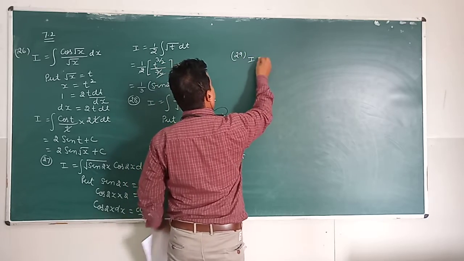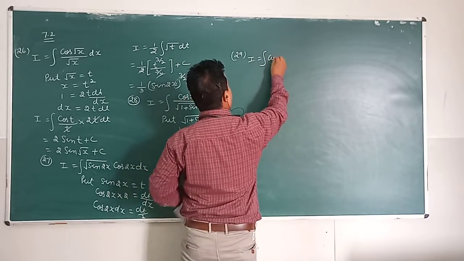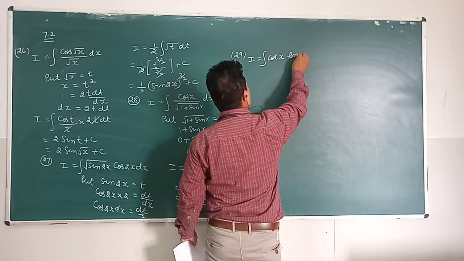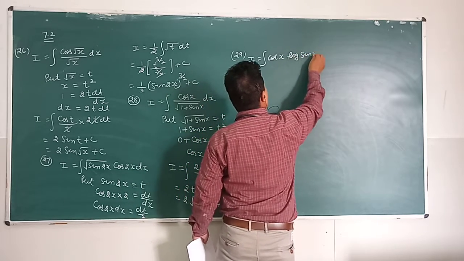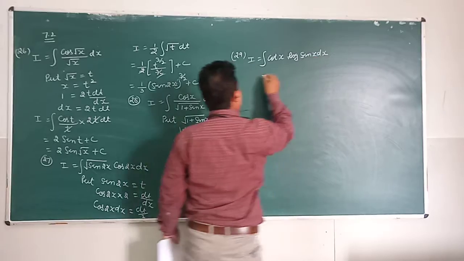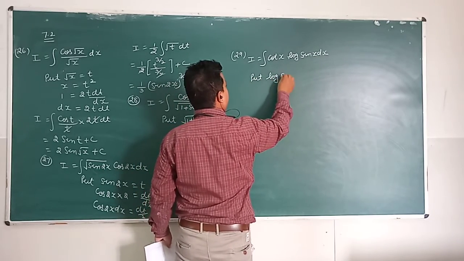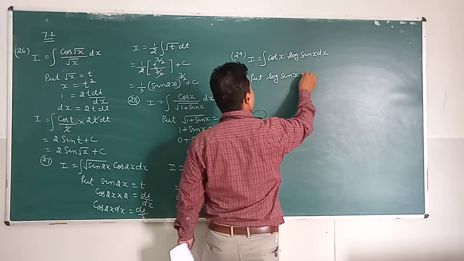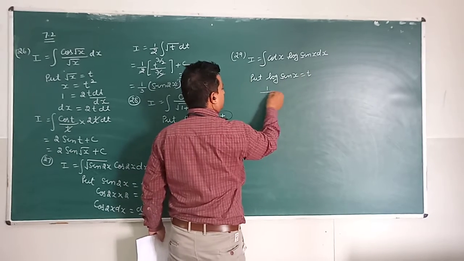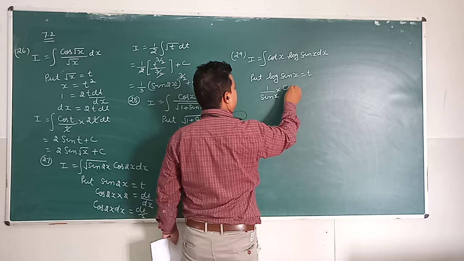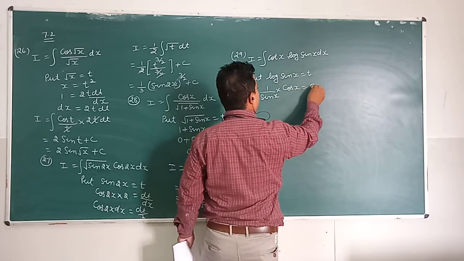In question number 29, the statement is the integral of cot x into log of sin x dx. Here in this question, we put log of sin x equal to t. As we know, the differentiation of log sin x is 1 by sin x into the differentiation of sin x, which is cos x.